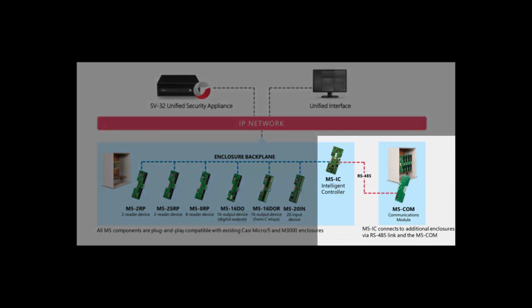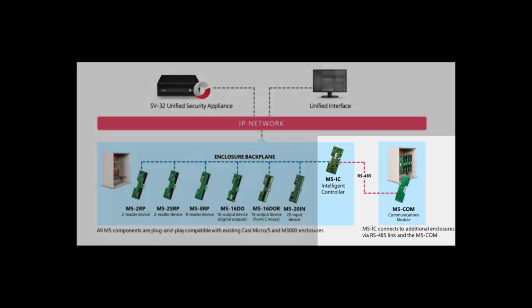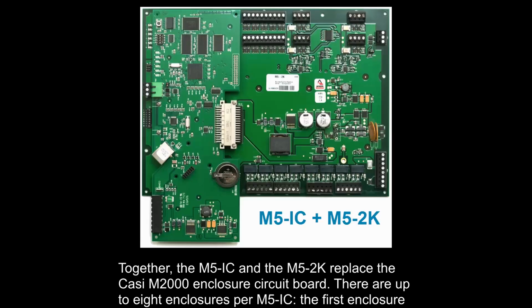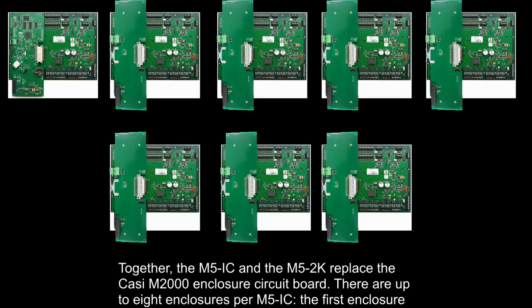The M5 IC connects to additional enclosures via the RS485 link and the M5 COM panel. Together, the M5 IC and the M5 2K replace the CASI M2000 enclosure circuit board. There are up to 8 enclosures per M5 IC.